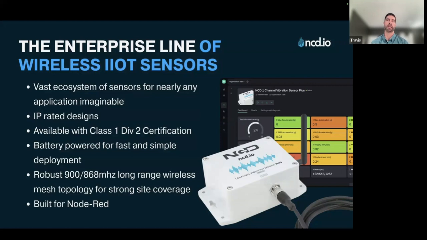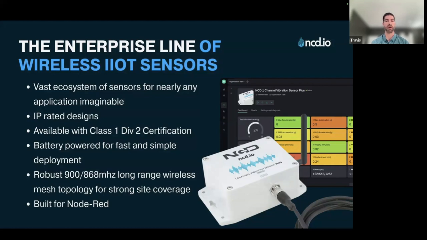And that is one thing that sets us apart from a lot of the hardware manufacturers in this space, is that we didn't set out to make one device like a vibration sensor. We set out to make an ecosystem of wireless sensors. So as your needs grow in your installation, we're going to have something off the shelf that's going to work for most of your monitoring needs.